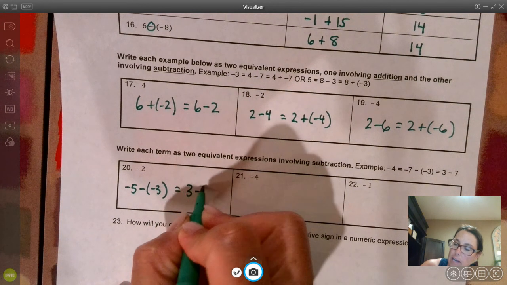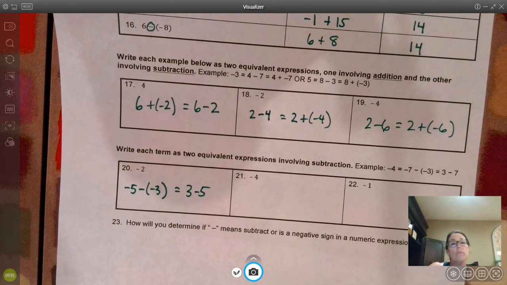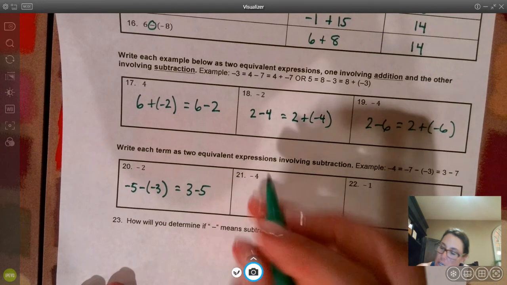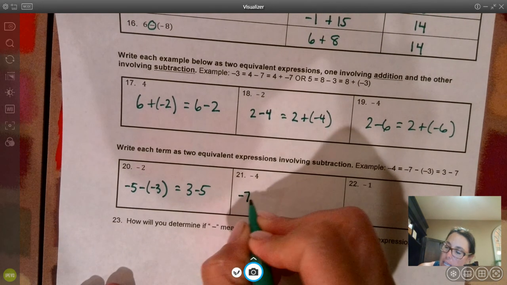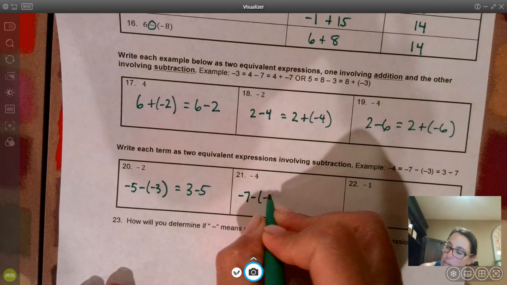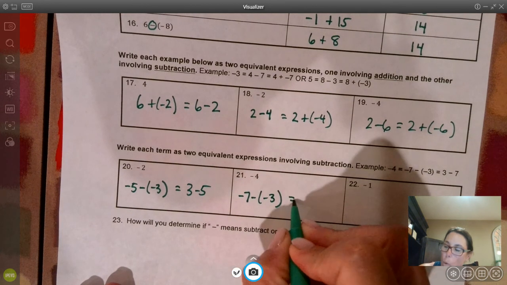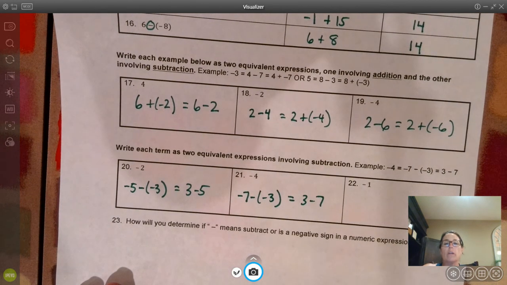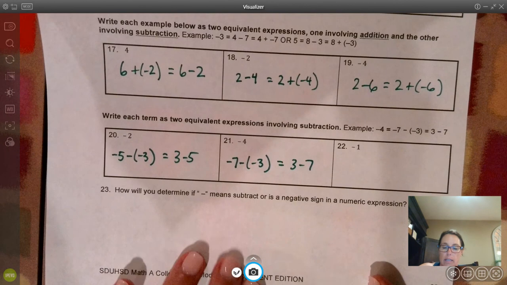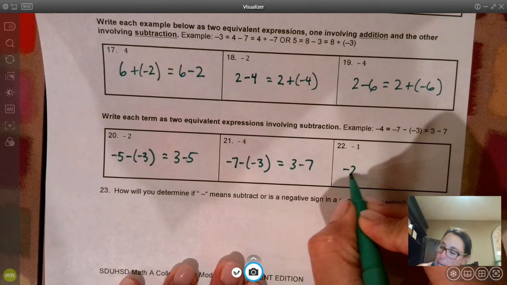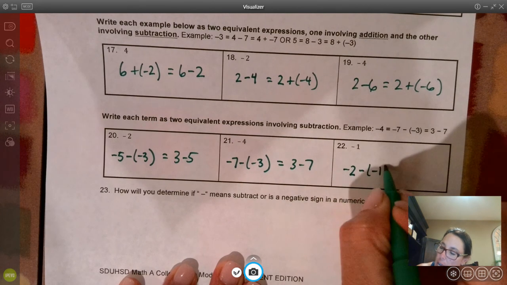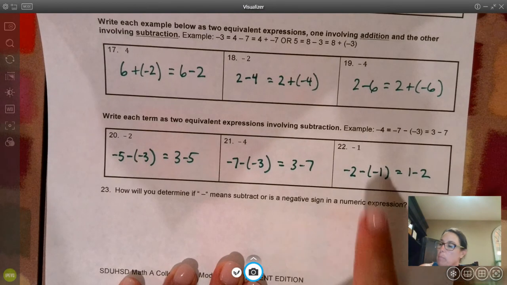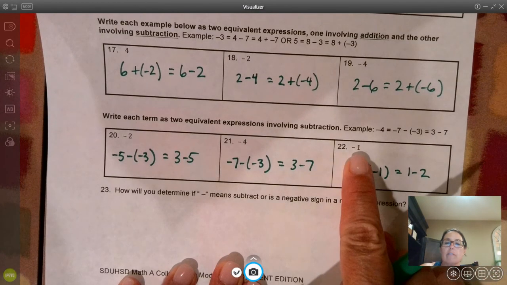And 3 minus 5. Both of those get you -2. Okay, for -4, here's one example. -7 minus -3. Or 3 minus 7. Those both get you -4. Now for -1, let's do -2 minus -1. Or 1 minus 2. Both of these get -1 as an answer.